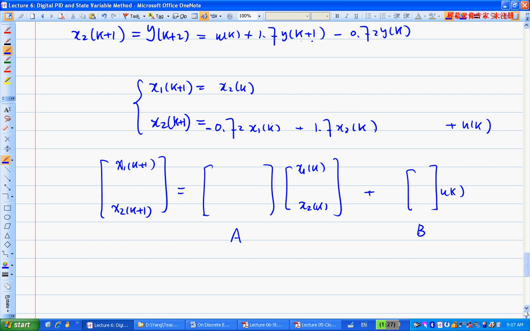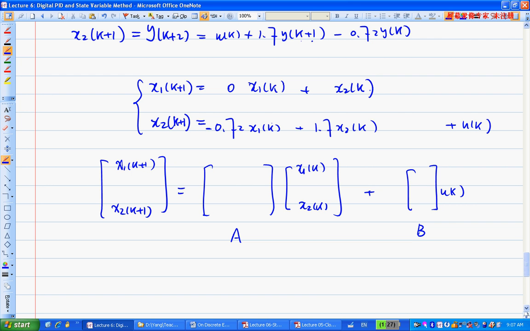So just rewrite the order of the additions here. And we're going to rewrite the top one as 0 x1 of k plus x2 of k.